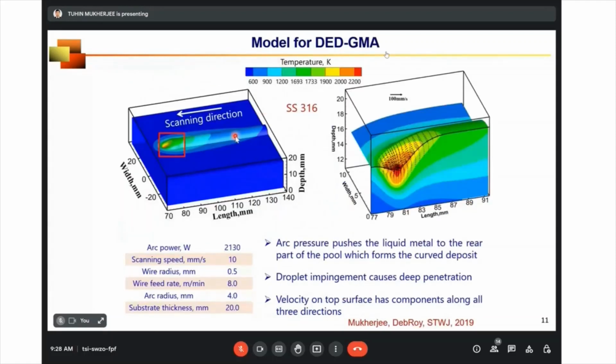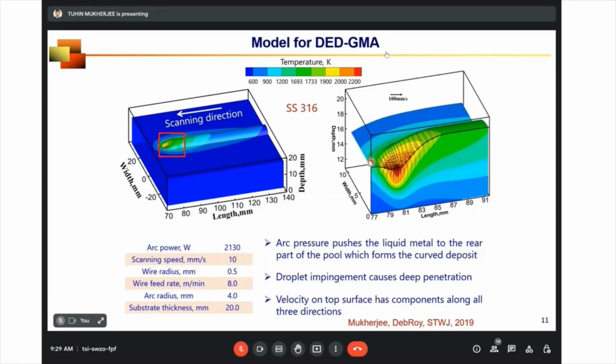Same thing you can see for gas metal arc based DED, but the deposit is a little different. The arc creates a high pressure on the top surface of the molten pool, so it pushes the liquid metal from this region backward, and this elevation forms the curved surface of the deposit.